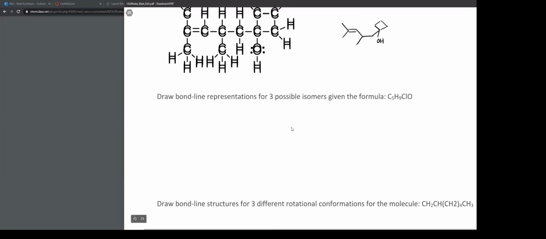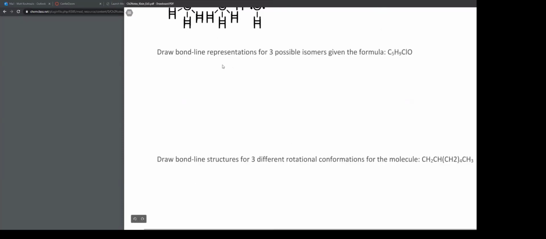Anyway, let's see here. 3 possible isomers with this formula here. Let me give you a hint. This must contain a double bond or a ring. There must be a double bond or a ring, not both, and no triple bonds.